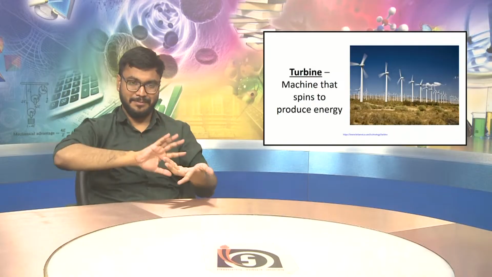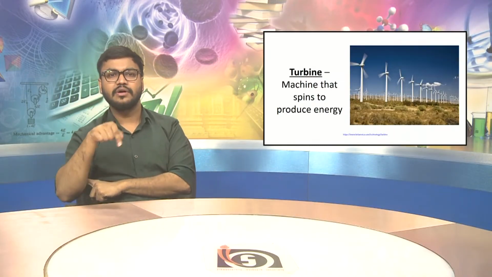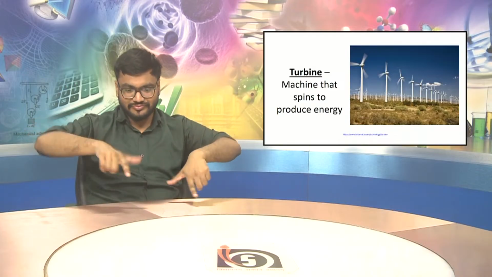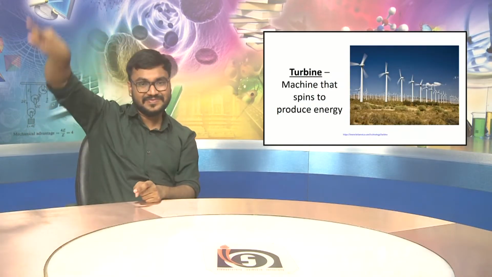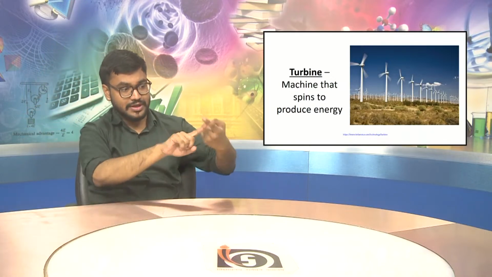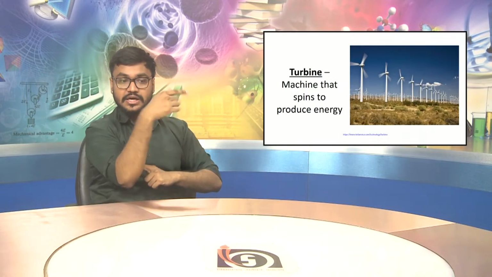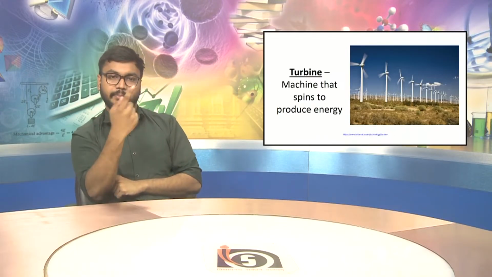Next is turbine. Turbine is a machine that spins to produce energy. It moves through the air and gives us energy, so we can use it.